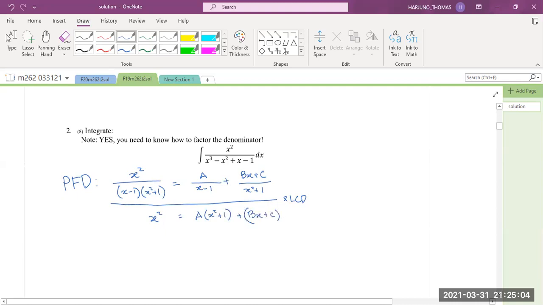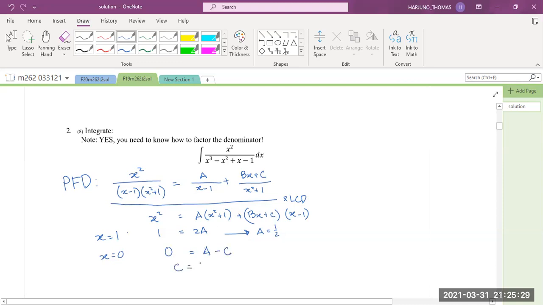Don't forget to use parentheses here. So when x equals 1, I get 1 equals 2a. So a equals 1/2. When x equals 0, I get a minus c.